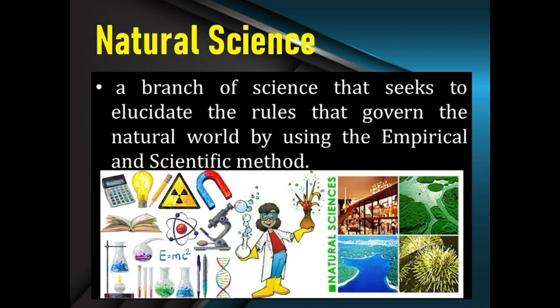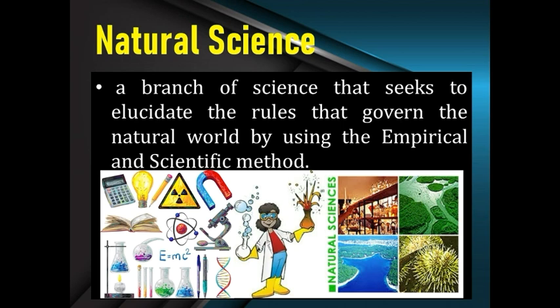When we say empirical method, that is the way of gaining knowledge by means of direct and indirect observation or experience, while scientific method is a method of investigation in which a problem is first identified and observations and experiments and other relevant data are used to construct theories that purport to solve it.